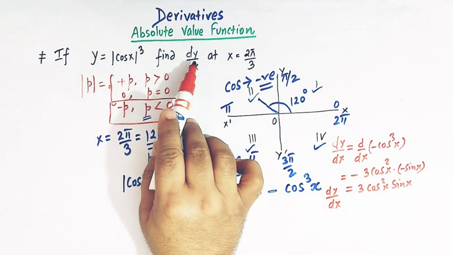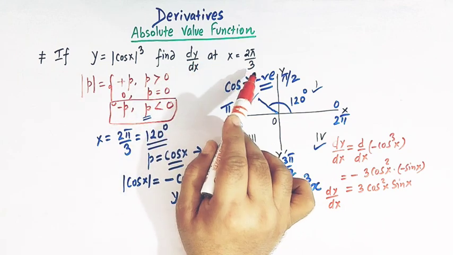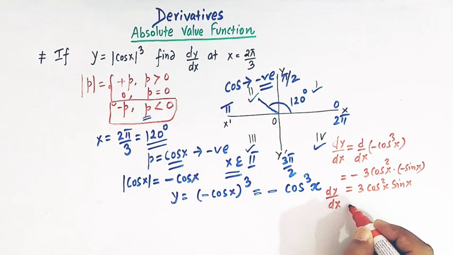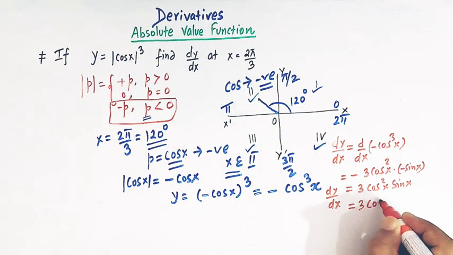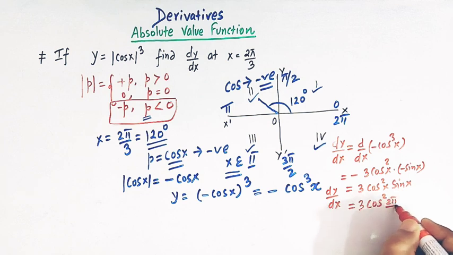Now we have to find the derivative at x is equal to 2 pi by 3. So substitute x is equal to 2 pi by 3. We have 3 cos square 2 pi by 3, and here we have sine of 2 pi by 3.